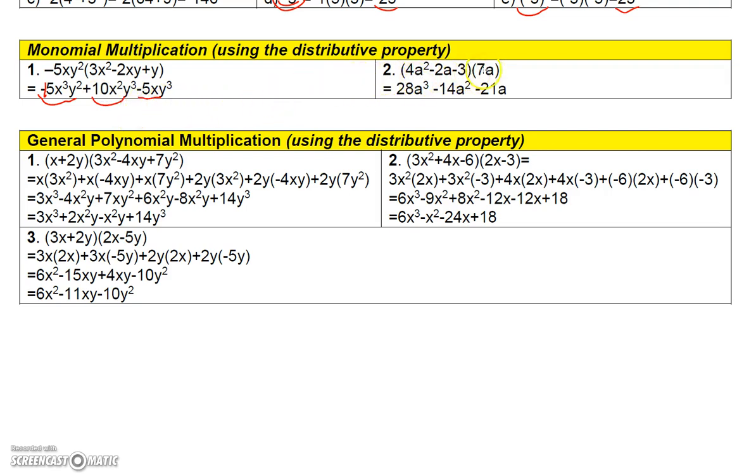I have minus 15xy plus 4xy, which gives me minus 11xy. And of course I bring down the 6x squared and the minus 10y squared. And so that's how we do a general polynomial multiplication. And I'll move on to that shortcut that I was talking about in the next section, called the FOIL method.